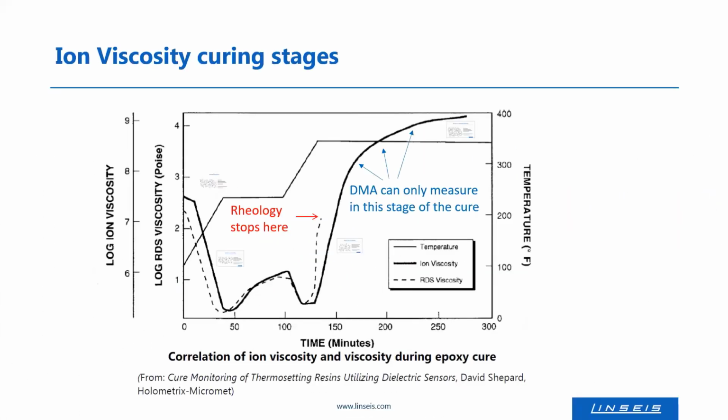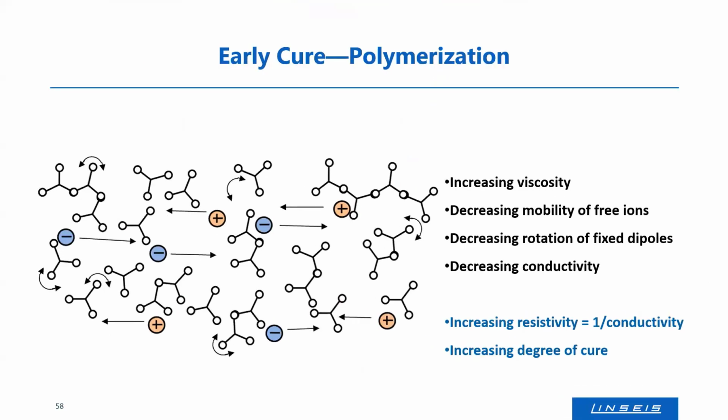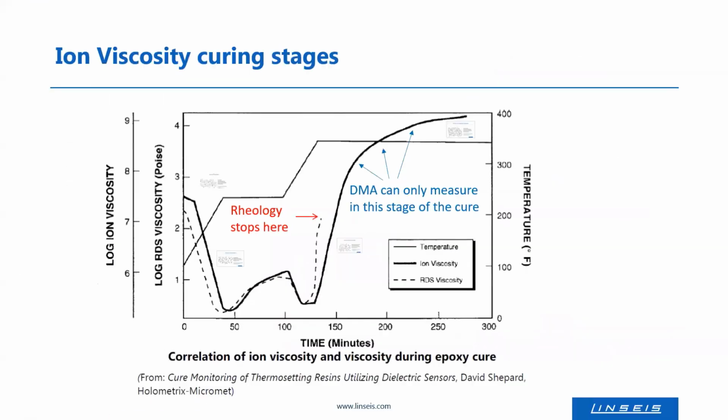But then at a certain point, the reaction between the monomers starts and longer chains are formed. And this reaction is exothermic. So heat is evolved and the monomers can move. So there are no bigger obstacles here for the ions. And due to the temperature increase at the beginning of our measurement, the viscosity goes down.